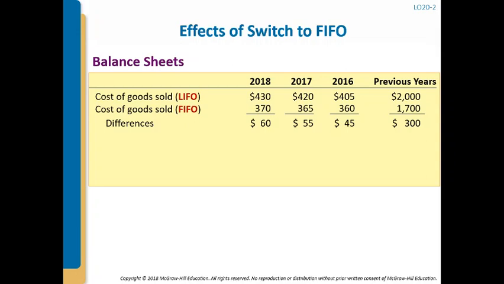But the bottom line is that they're going to have to show inventory at the appropriate amount under FIFO. This says balance sheets, and I'm not sure why.